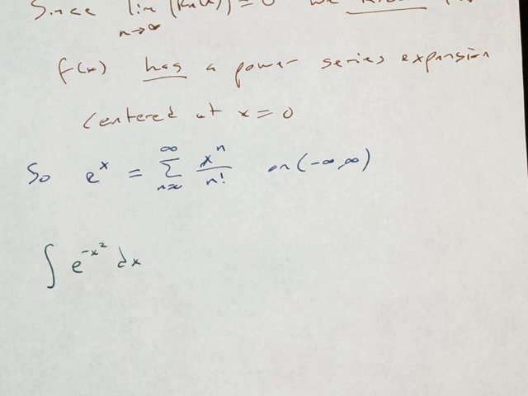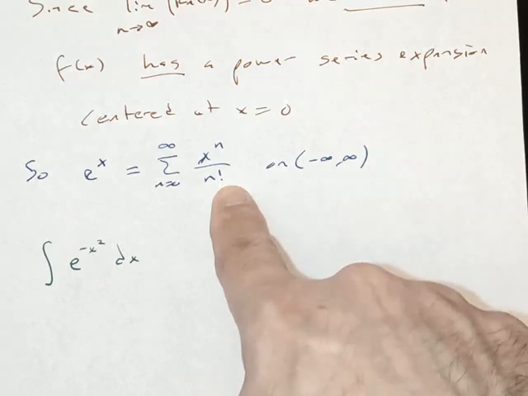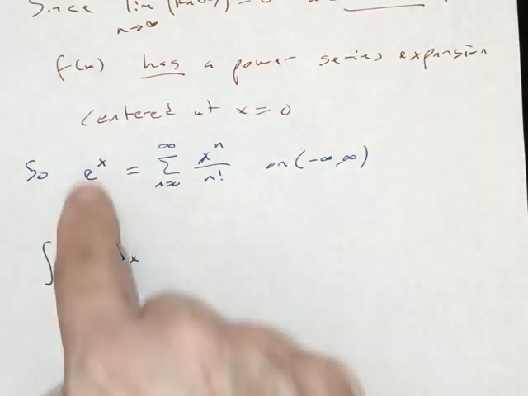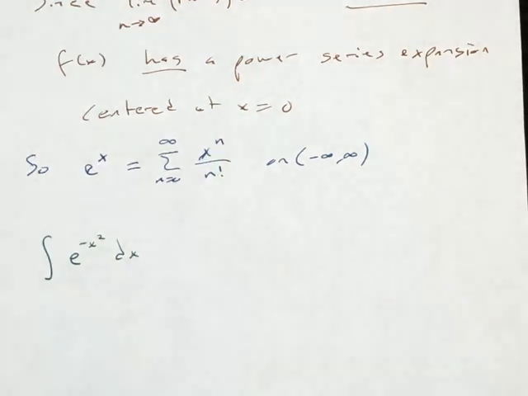But e to the minus x squared can be turned into a power series. And not just any power series, a variation on this power series. Because if I know e to the x is this power series, then I know what e to the minus x squared is.